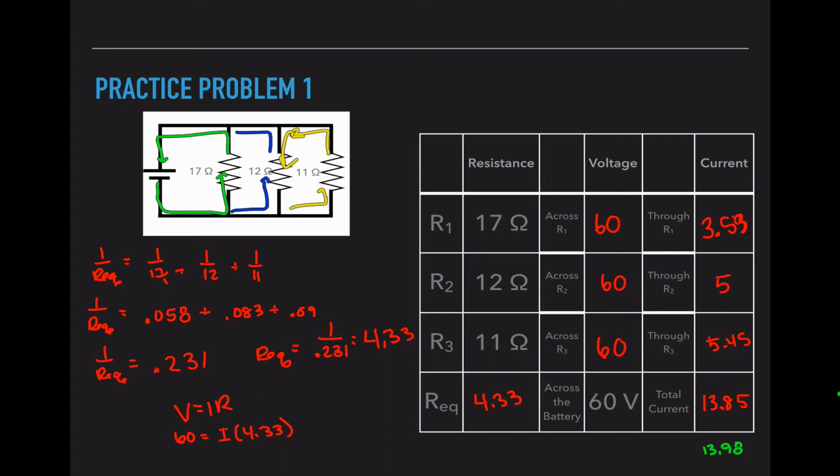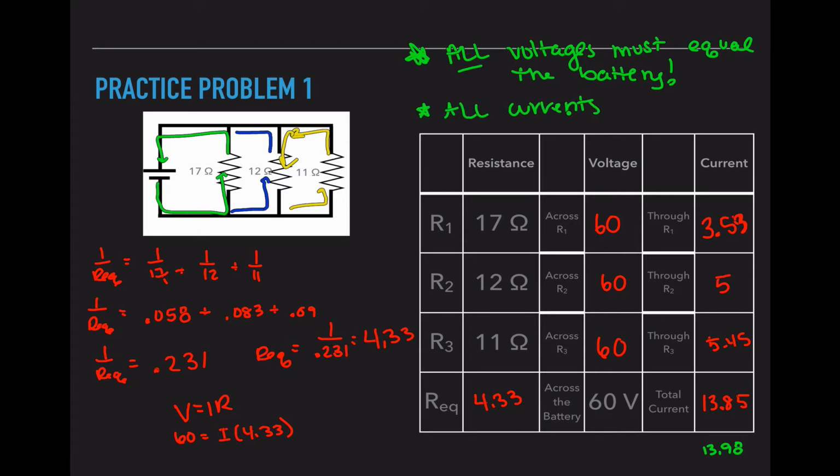So just like with the series circuits, I'm going to star something here. Your star is: all voltages must equal the battery, because you are going through one resistor only. All currents must add to the total.